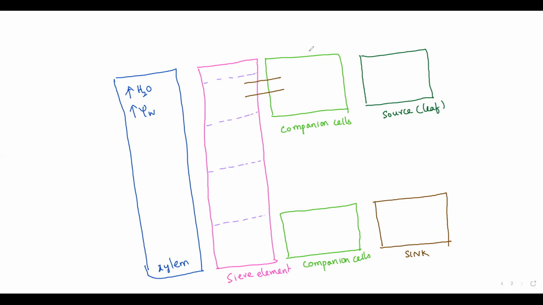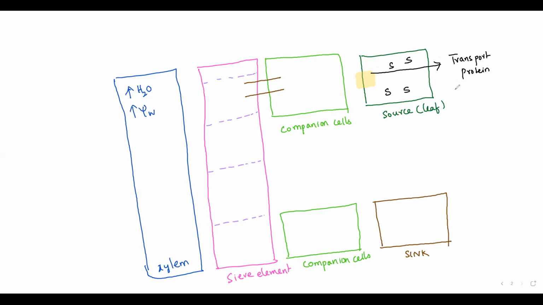Now children, in the source, that is your leaf here, we are going to see some special transport proteins. So let me draw. So this is your transport protein, children. And we all know that our sources are continuously synthesizing sugars.